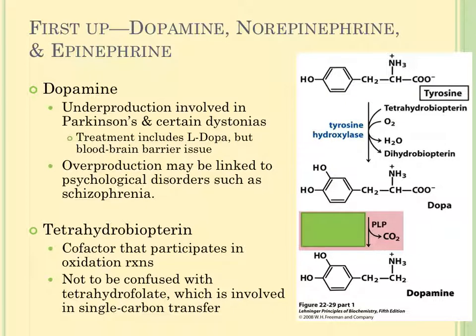However, don't write that down, because this enzyme is very promiscuous. So what kind of compound is this right here? It's an aromatic amino acid. And so that's why I just wanted to put that out. This is aromatic amino acid decarboxylase.